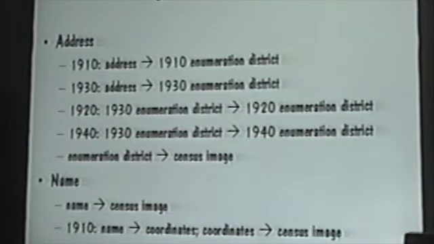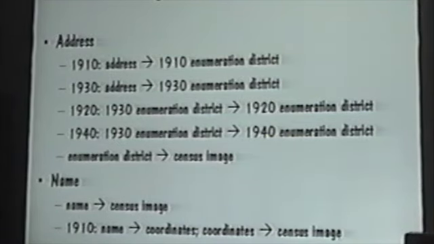In 1920, rather than putting up a tool that takes you from the address to that district, we put up a tool that converts a 1930 ED to a 1920 ED. So given an address, you use the 1930 tool, find out what its ED was in 1930, then use the converter tool to convert that ED to the corresponding 1920 ED. That doesn't mean you're looking for where your ancestor lived in 1930.